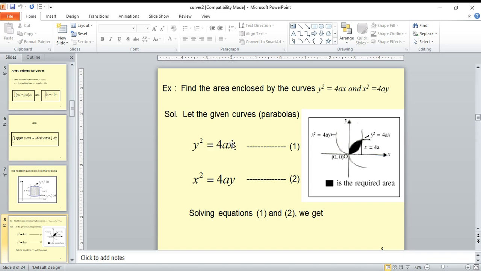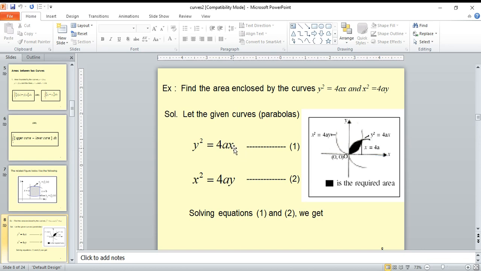So here y square equal to 4ax. Apply equation 2 in equation 1, that is x equal to root 4ay. Apply x equal to root 4ay in equation 1. So that is y square equal to 4a into root 4 is 2 root a root y.